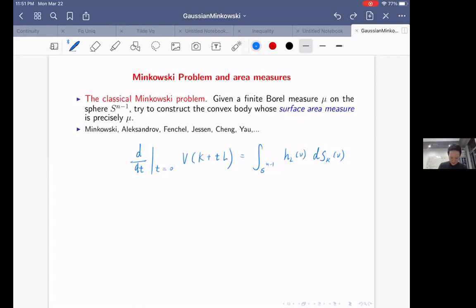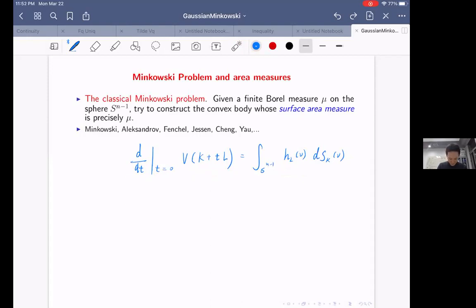Here the plus means the traditional Minkowski sum, K and L are convex bodies, and h_L means the support function. The support function describes the distance from the origin to the support hyperplane, vertical to L.